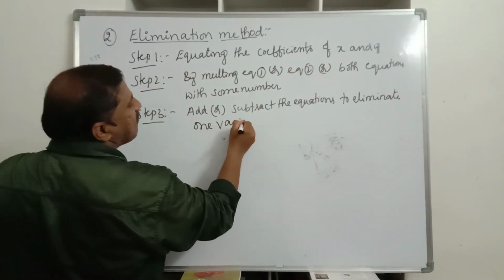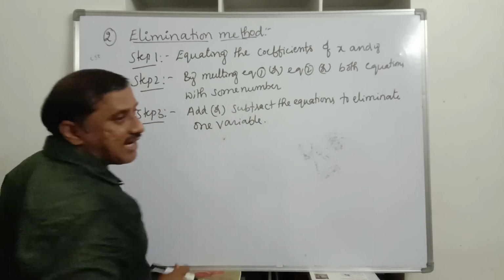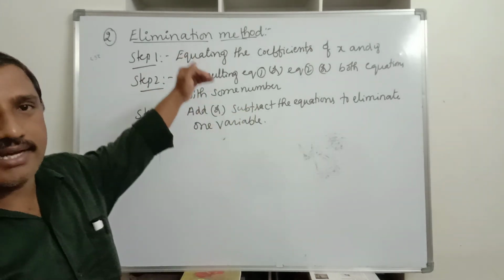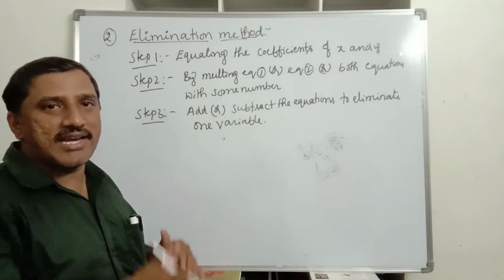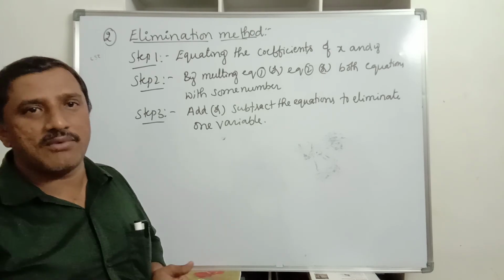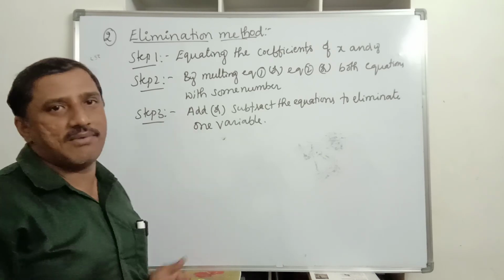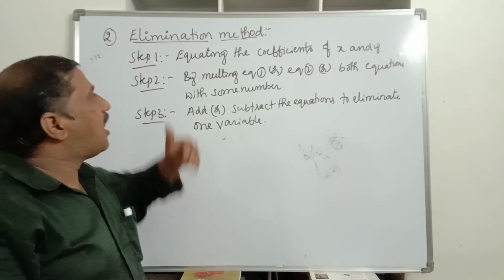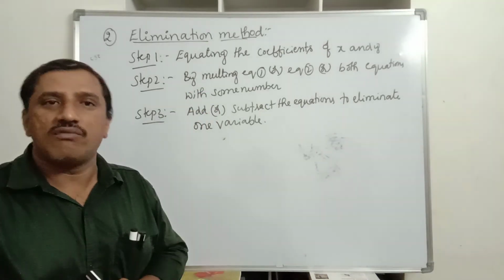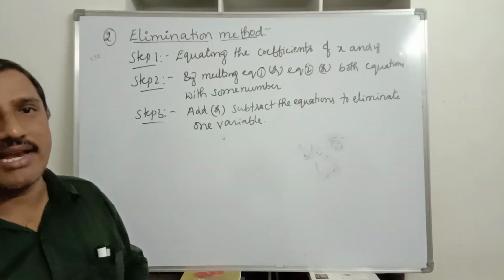Once one variable is eliminated, we get a linear equation in one variable. By the transposing method we can find the value of that variable. Then by substituting in equation 1 or equation 2, we will find the solution of the given equations.